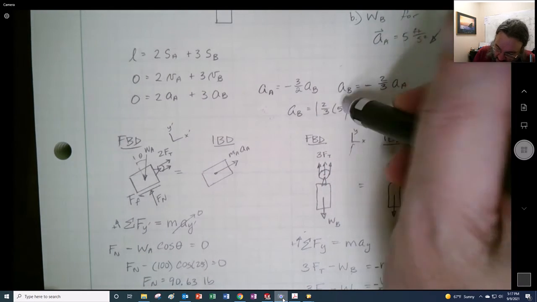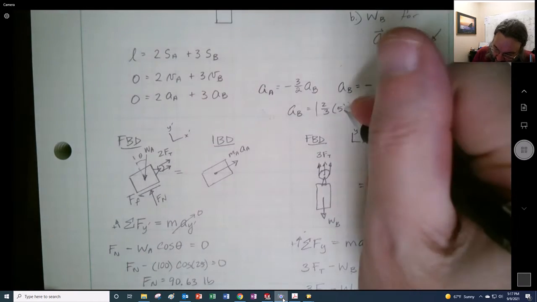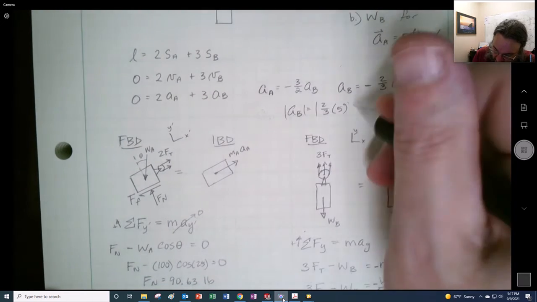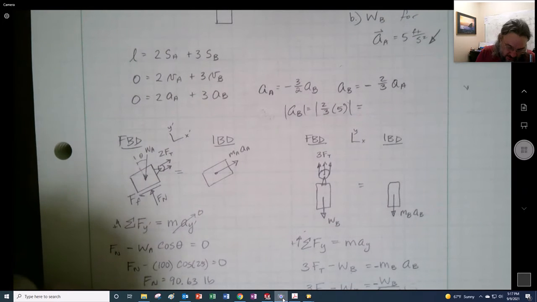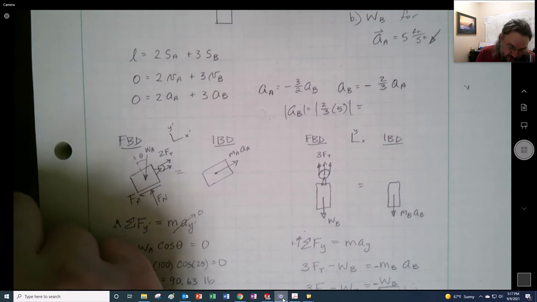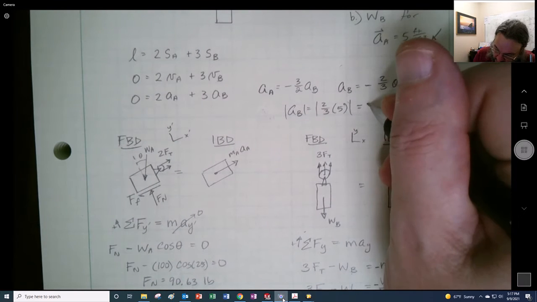Oh, I meant to do this other one. So I'm saying absolute value of it times 5. So was that 10/3? It should be 3.33333.